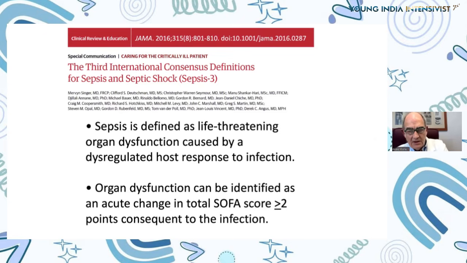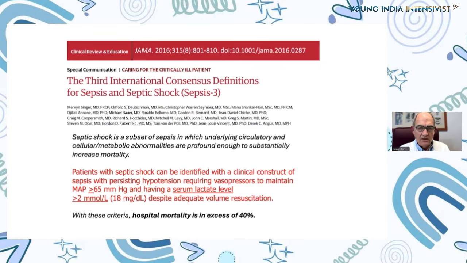And connected to the dysregulated response to infection on the part of the host, we have a development of hypoperfusion and organ dysfunction that can be identified at least looking at the SOFA score, sepsis organ failure assessment score, above 2. So, two main concepts: this is an emergency, there is the dysregulated host response to infection, and the consequence is an organ dysfunction.